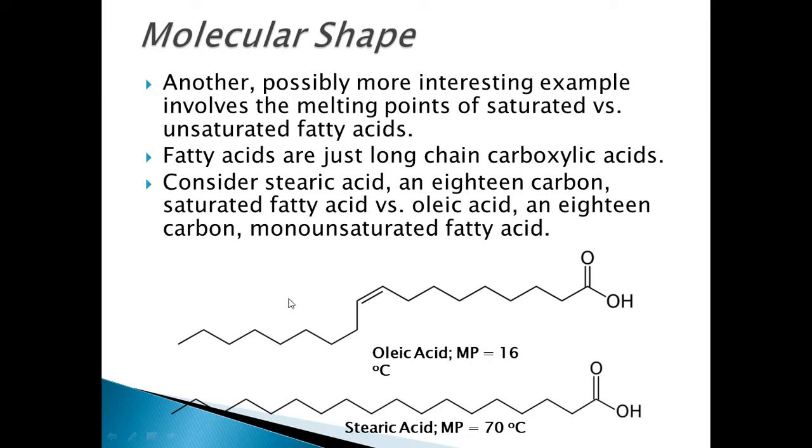Another example of a compound which is affected by the molecular shape is the fatty acids, the saturated fatty acid and unsaturated fatty acid. The typical example here is oleic acid and stearic acid. Oleic acid is unsaturated, you can see from the structure. Compare with stearic acid.